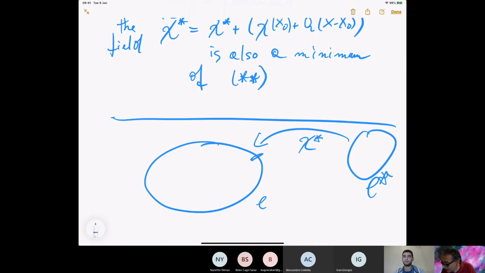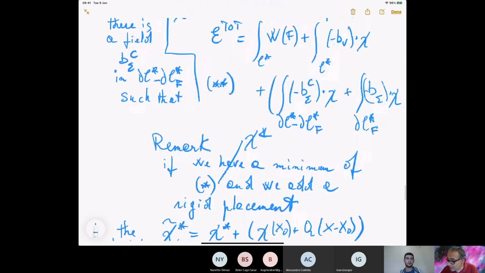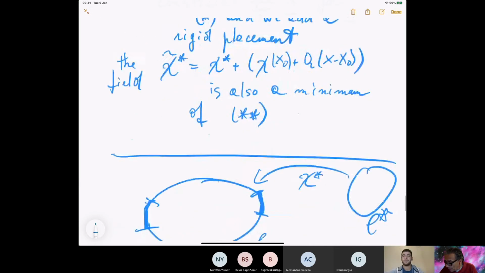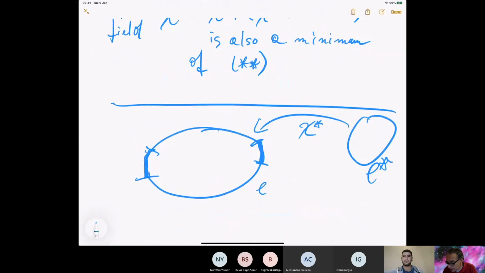Assume that we had given the displacement of one part of the boundary. Okay. Now, this replacement, for the moment, we can call replacement lemma, tells you that you can forget about the essential boundary conditions.